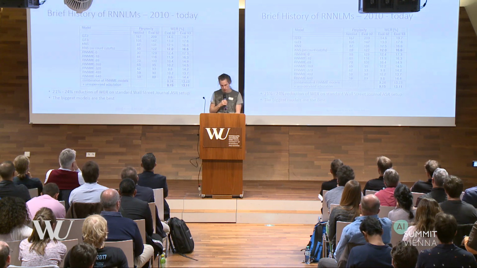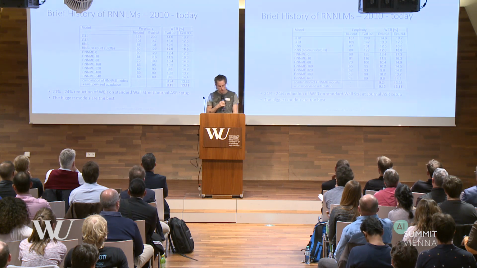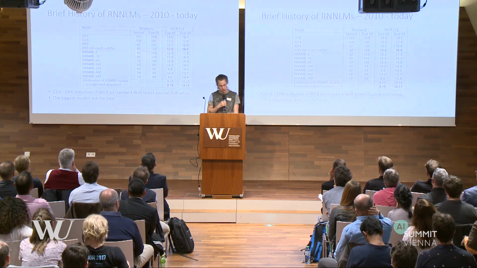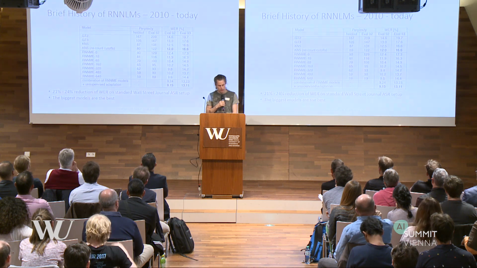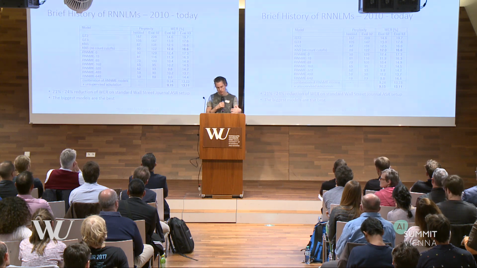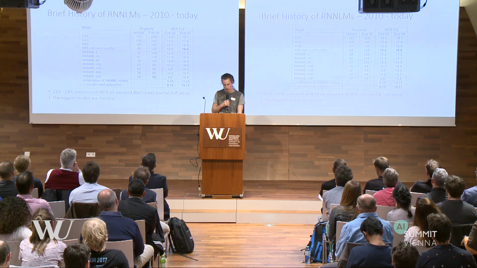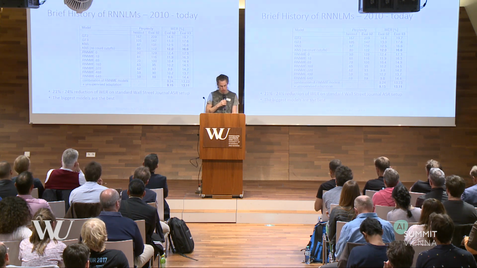It wasn't really state-of-the-art in 2010, but the main thing here was that if you change the language model from what was considered state-of-the-art in 2010, which was basically 5-gram with modified Kneser-Ney smoothing, and you rescore the hypotheses produced by the speech recognizer with recurrent networks, where all the lines are just bigger and bigger models, then you can see that by using an ensemble of big models, you can get more than 20% reduction of the word error rate, which was considered pretty huge for just a change of language model.